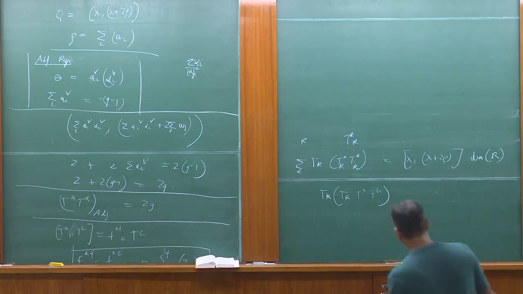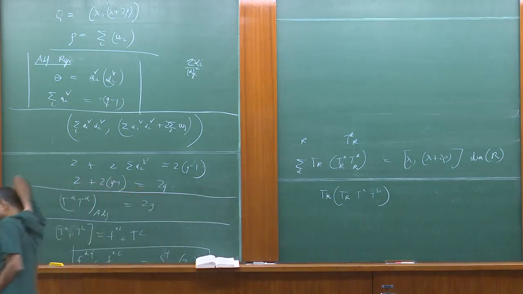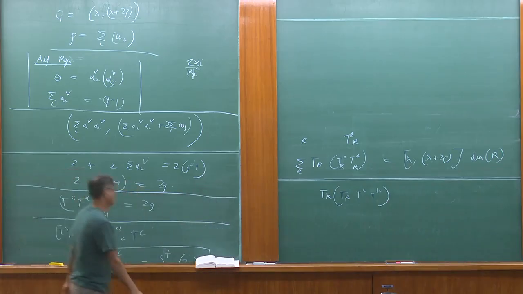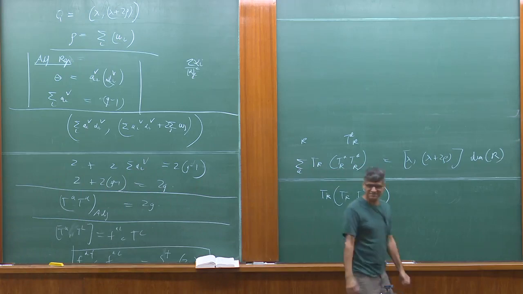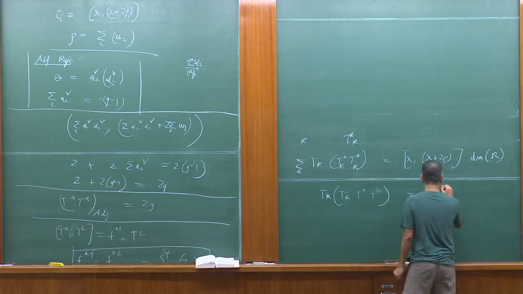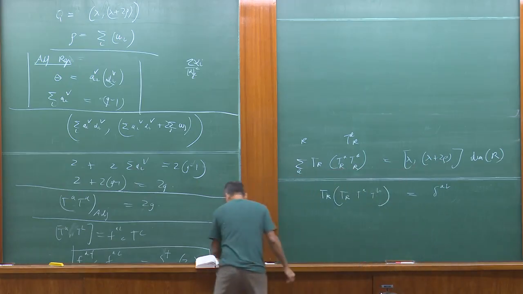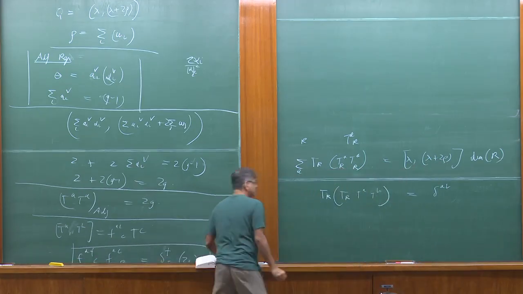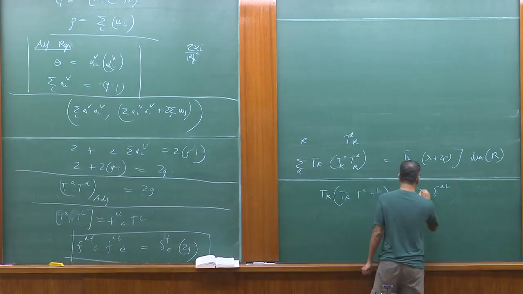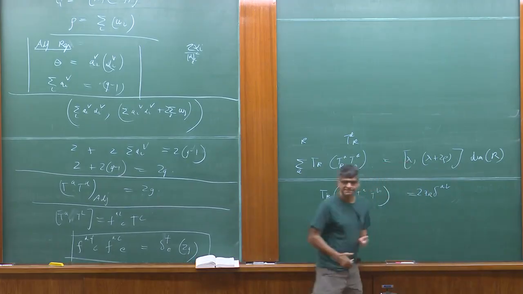So this is the Killing form, delta AB, times some number. Let's define this number to be 2 times X_R.